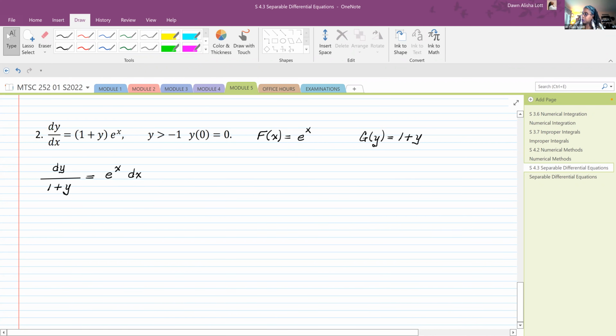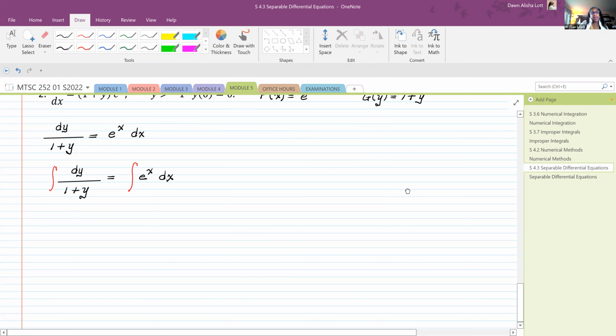So now I am going to integrate. So I have dy over 1 plus y. And I have e to the x dx. Okay. So this is similar to the last one.